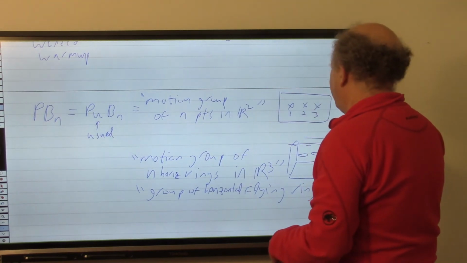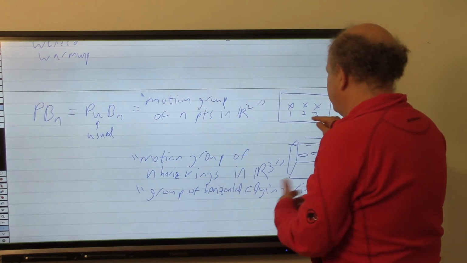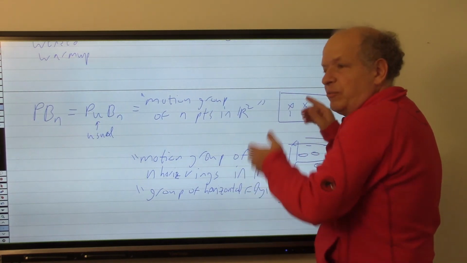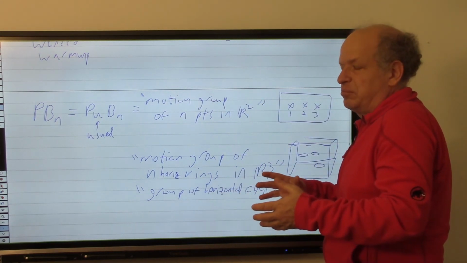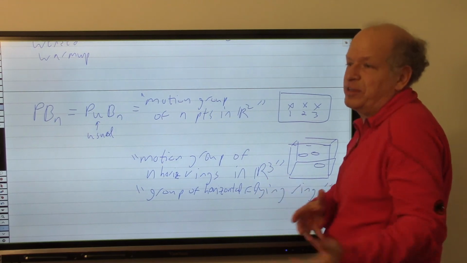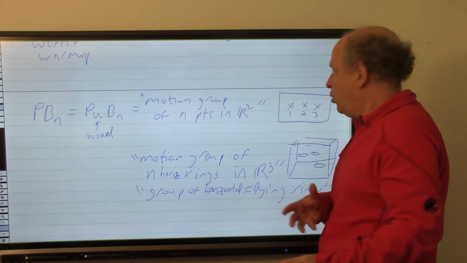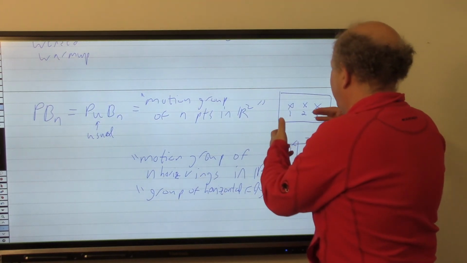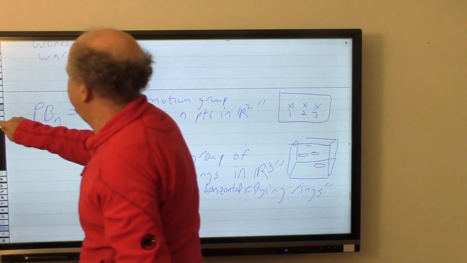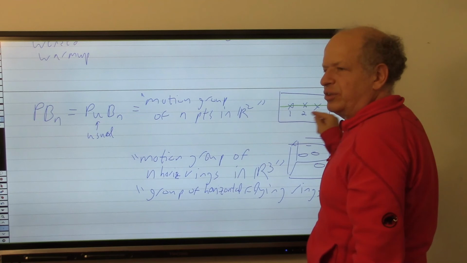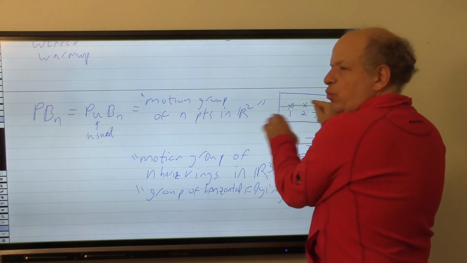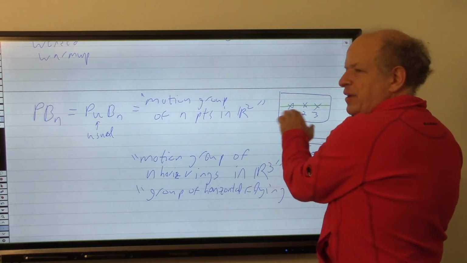And, well, either you insist that 1, 2, 3 will be some fixed position in the complex plane, like the numbers 1, 2, and 3, or you say 1, 2, and 3 should be in order along a horizontal line, and it doesn't really matter where along this horizontal line they are.